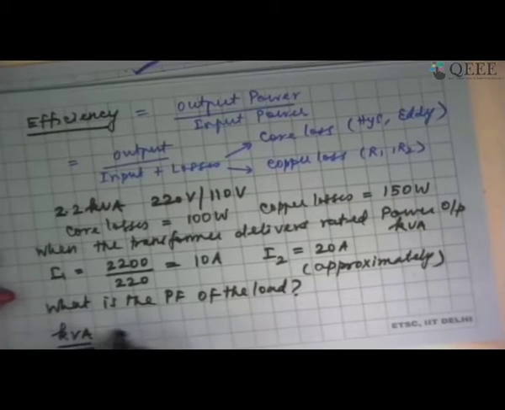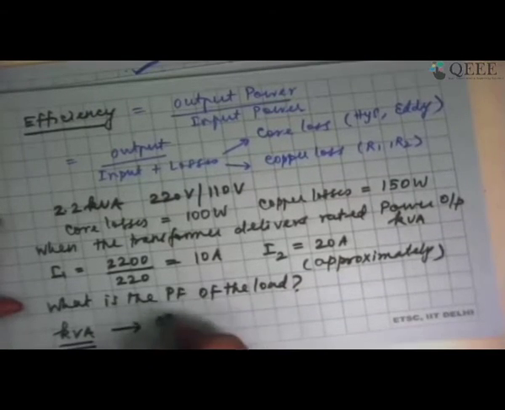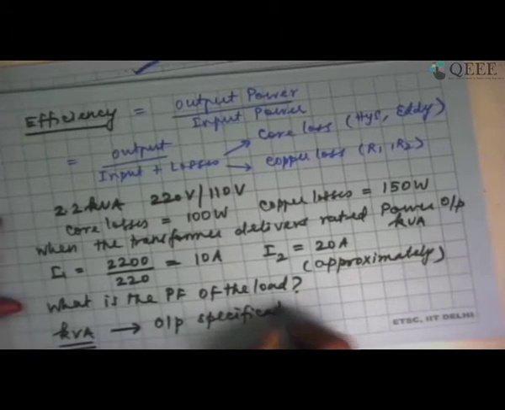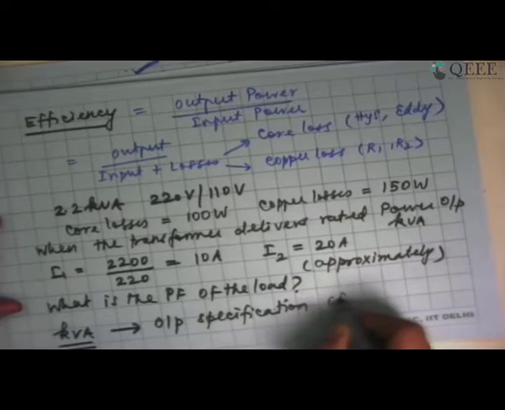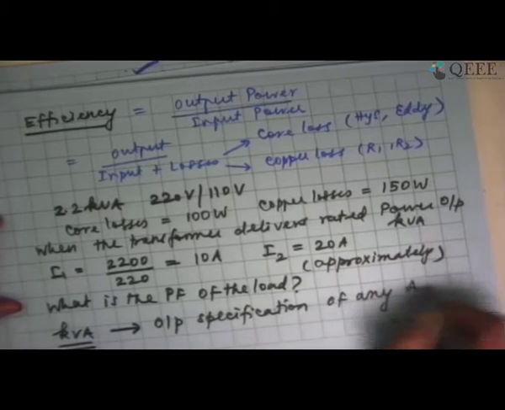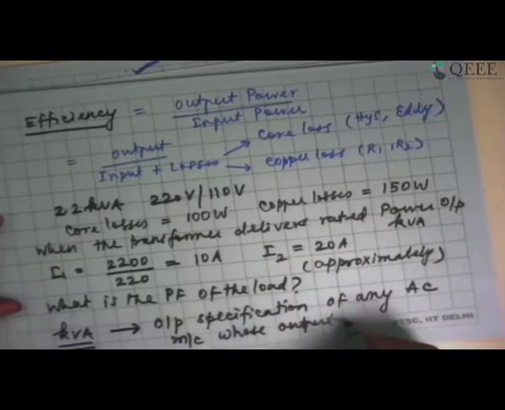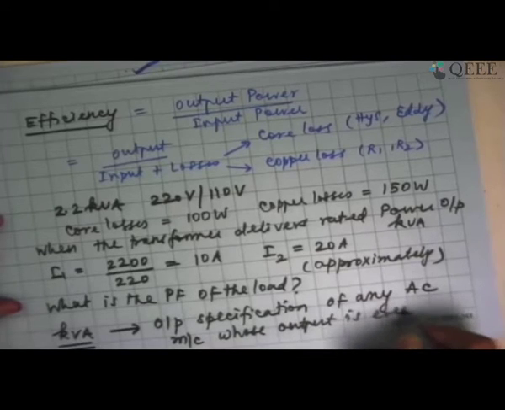So kVA is the output specification of any AC machine whose output is electrical power.